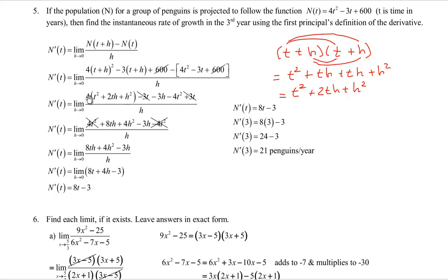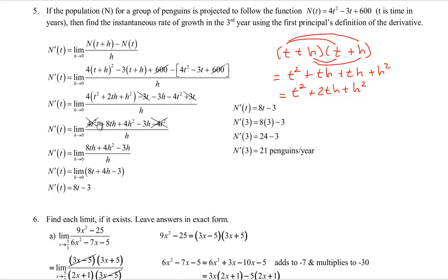So now I'm taking the brackets off, so this can be minus, oh, sorry, I missed this here. Negative 3 times t is negative 3t, negative 3 times h is minus 3h, and I'm taking the brackets off here. So this will be minus 4t squared, and that'll be a plus 3t. And that plus 3t and that minus 3t will add to 0, so they're gone. So we expand the 4 in.